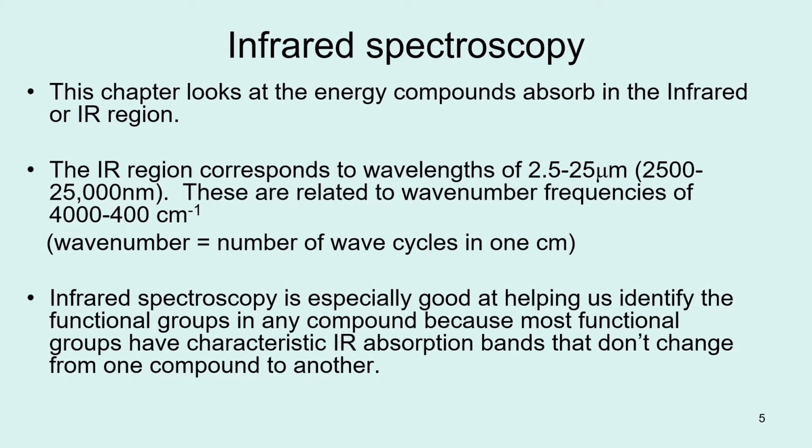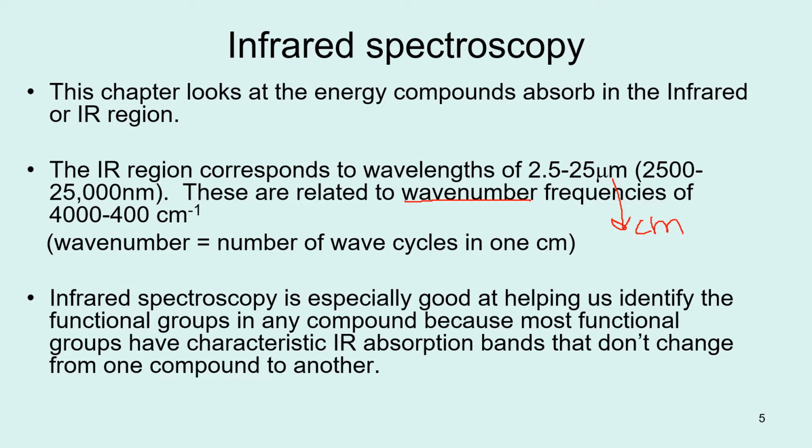nanometers. A lot of times, instead of the wavelength, we'll use something called the wave number. That's probably what you want to be more familiar with. The wave number is really the number of waves in 1 centimeter, or another way to figure out the wave number is to take the wavelength and convert it to centimeters.